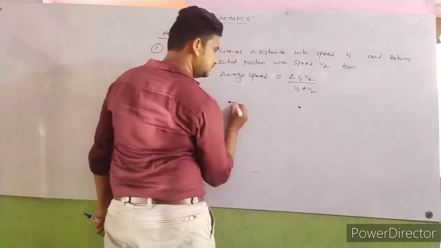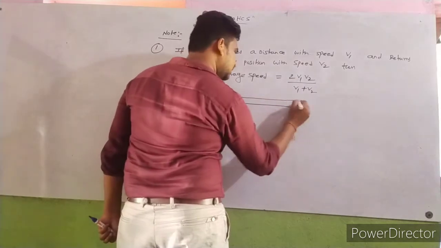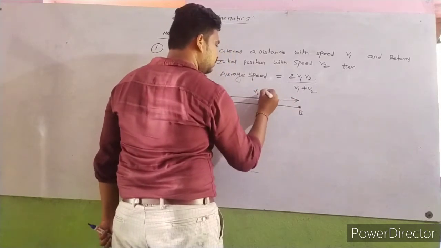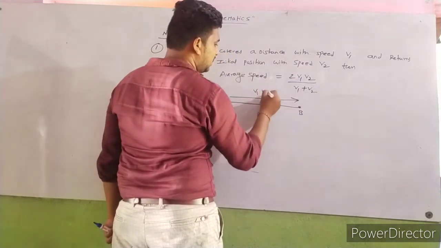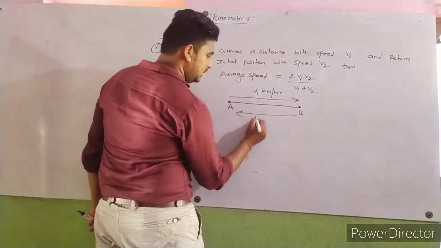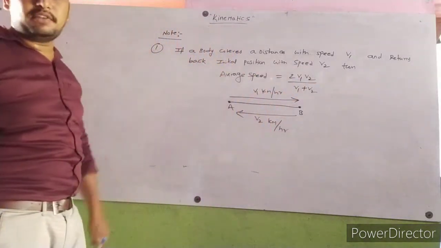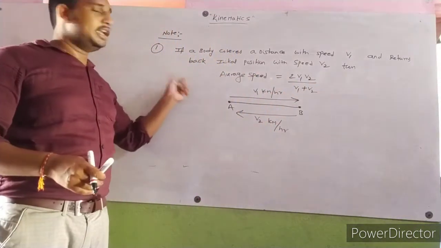So this is a diagram. A, B. If you consider the total distance A to B at V1 kilometers per hour or meters per second, and B to A at V2 kilometers per hour, then the average speed is 2V1V2 by V1 plus V2. So this is also important.